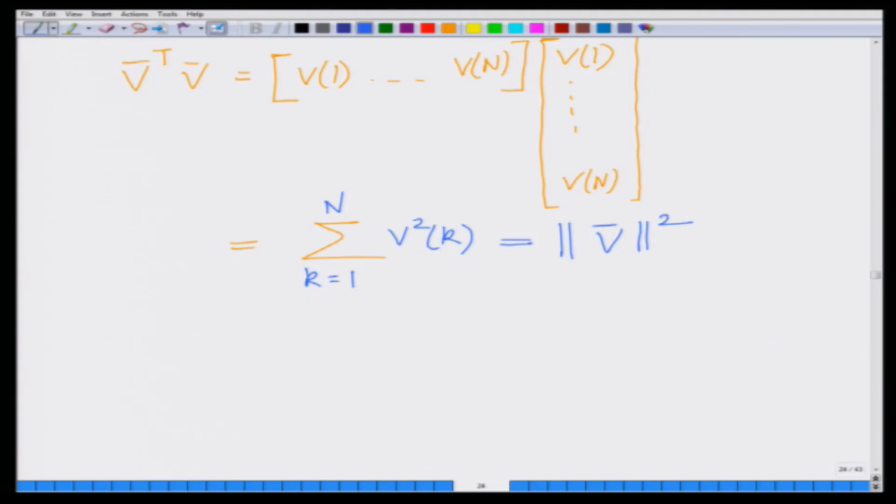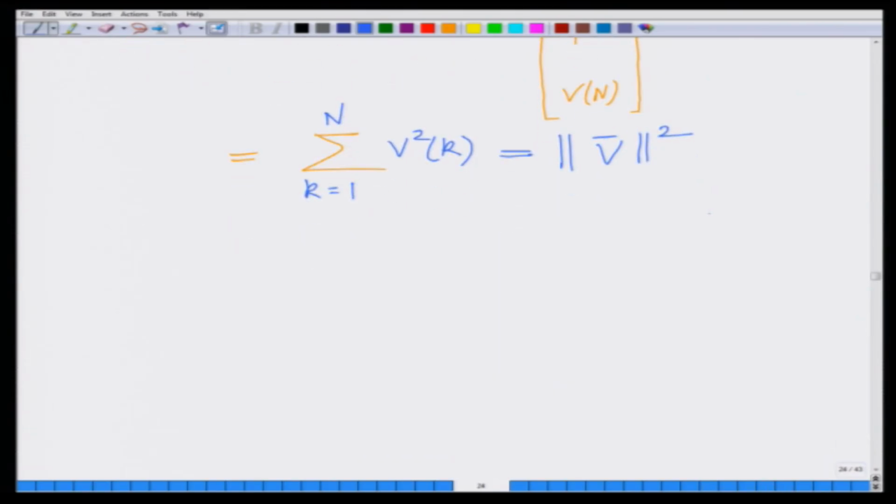Summation k equal to 1 to n v square k is basically nothing but V bar transpose times V bar, and it is also basically norm V bar square, where norm V bar is the Euclidean norm of the vector. Therefore, I can write this joint probability density function, that is this multivariate probability density function.